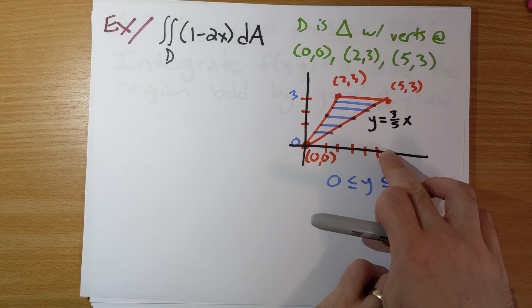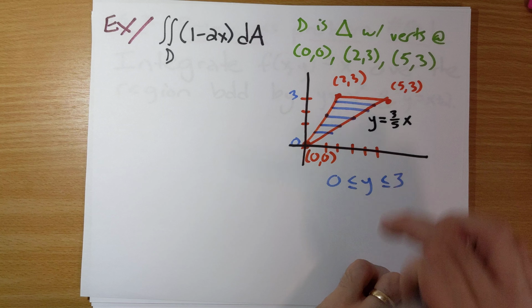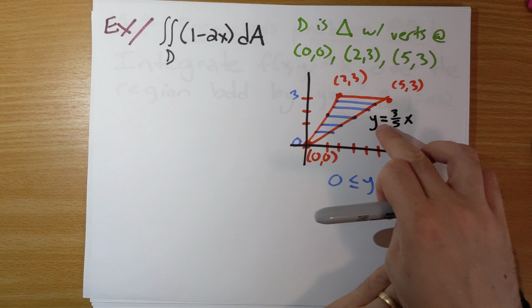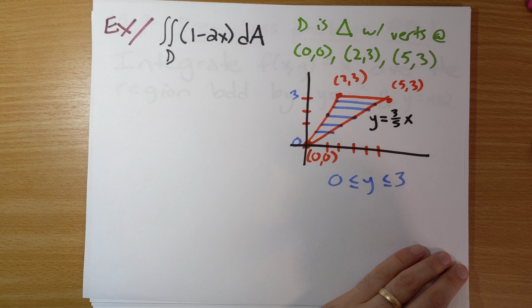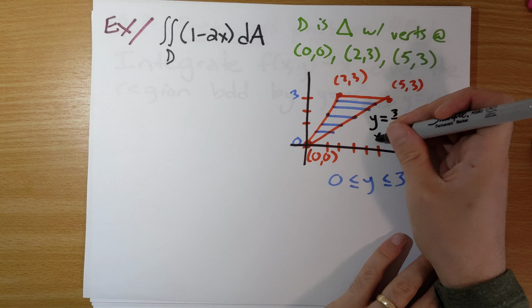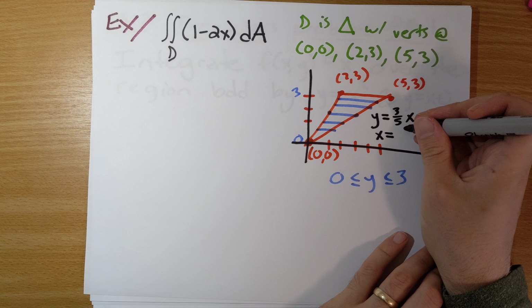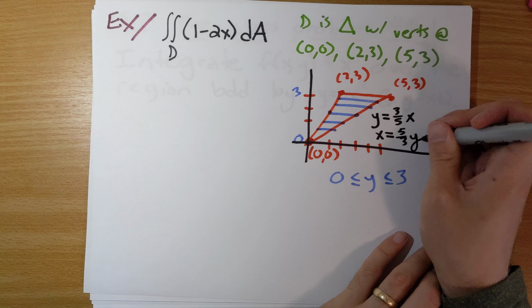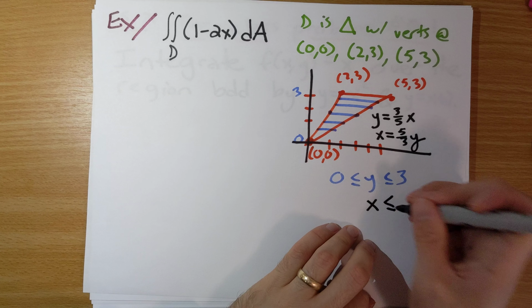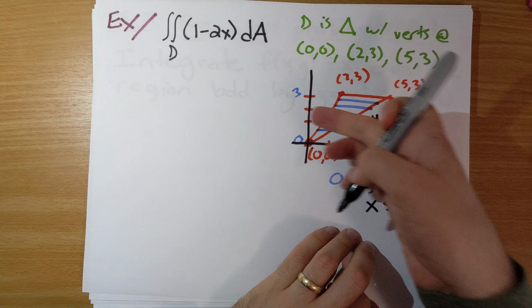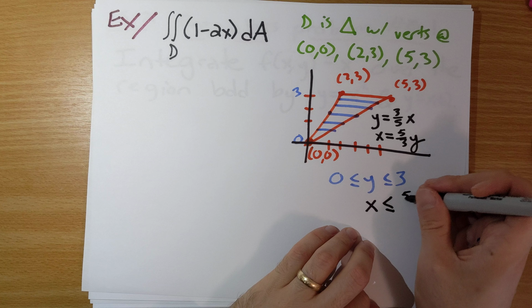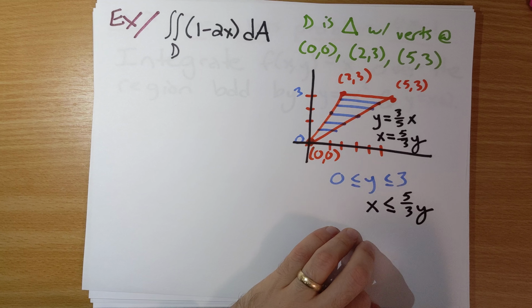The slope here is 3 over 5. We wrote y in terms of x, but we don't want y in terms of x. We want x in terms of y. And we just multiply by 5/3 on both sides. x is 5/3 y. And so this is going to be our upper bound on x, 5/3 y.